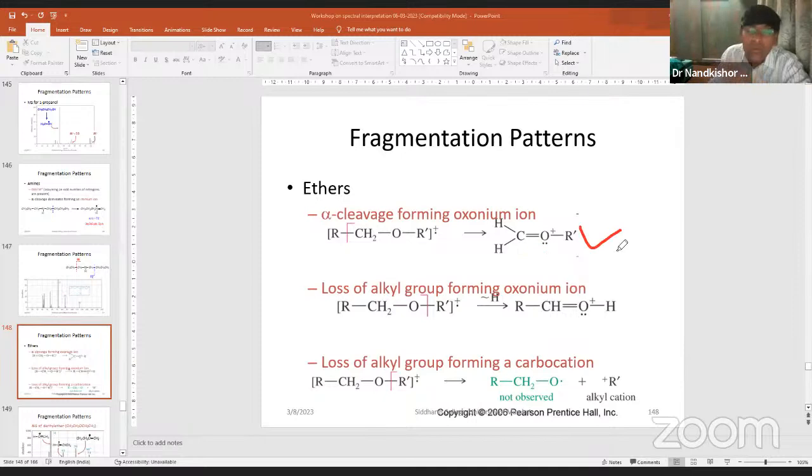And this is going to be a prominent peak in the mass spectrum. Again, the alkyl group directly attached to the oxygen will not cleave, because the oxygen having a radical is considered highly unstable and will not form. So oxonium again is the choice of formation in the case of ether too.